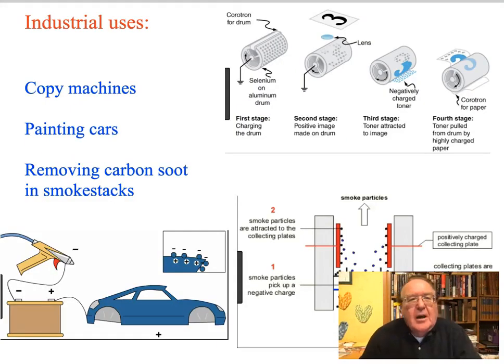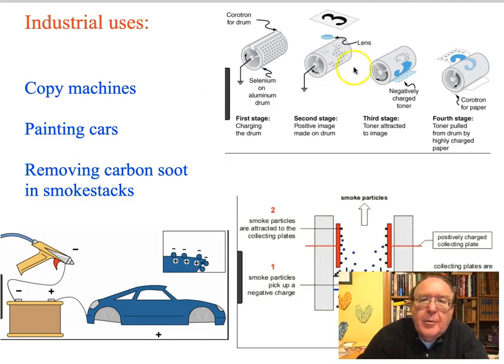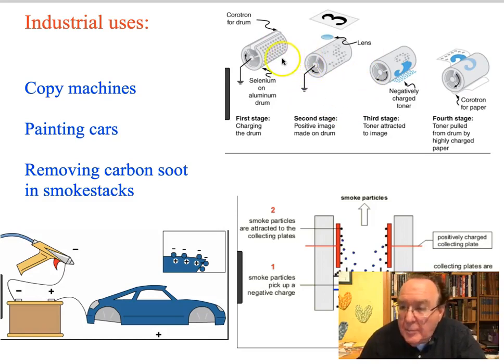Okay, now another couple of slides here. One more slide about static charge. There are many industrial uses of static charge. In the upper right-hand corner, this is not an inkjet, but a static charge copy machine.